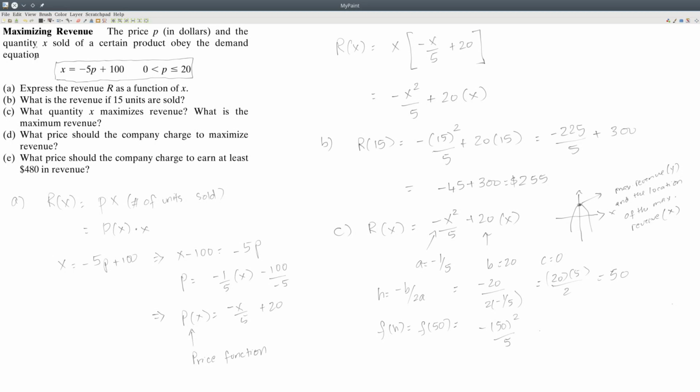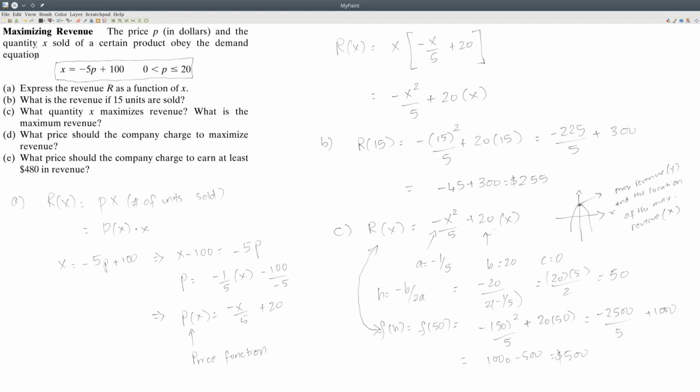I'm plugging it back in our original function. Here f and the revenue function are one and the same, plus 20 times 50. 50 squared is 2,500, so you have negative 2,500 over 5 plus 1,000, which should be negative 500 plus 1,000. We'll get $500.